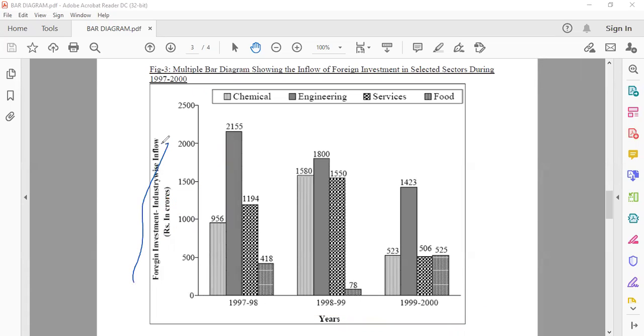This is one variable, and this is another variable. Say if we subdivide them year-wise, there are 4 entries: chemical, engineering, service sector, food sector. Similarly, for the next year, chemical entry, engineering entry, service sector entry, and food sector entry. You can see these values.